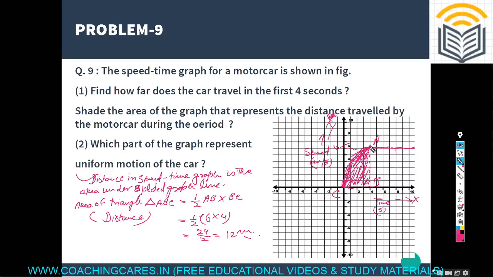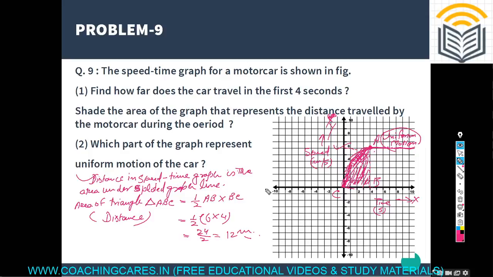So this part after A shows the uniform motion.